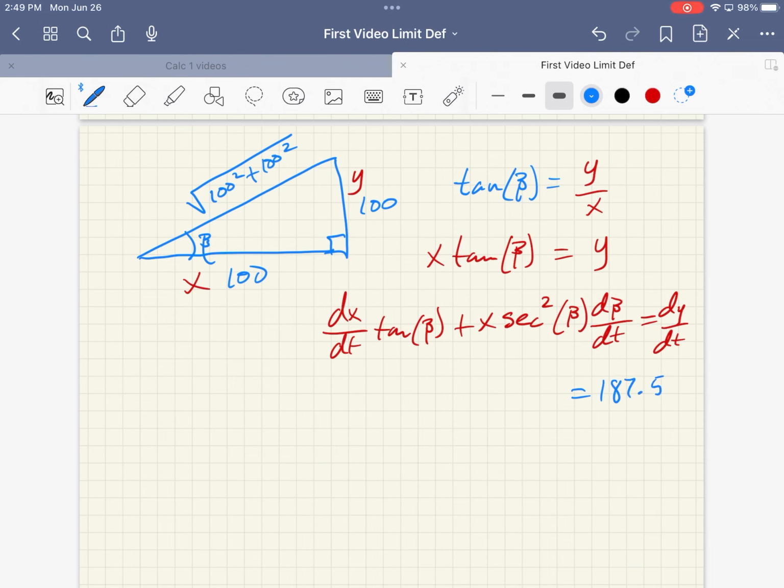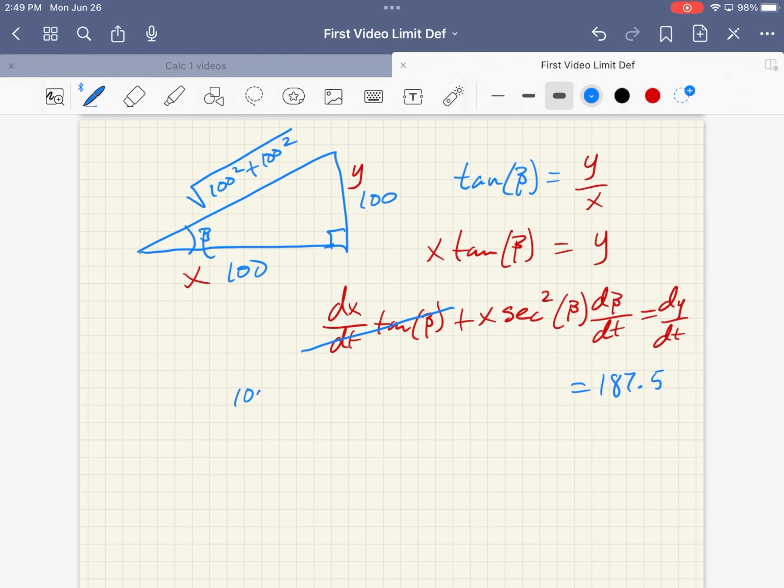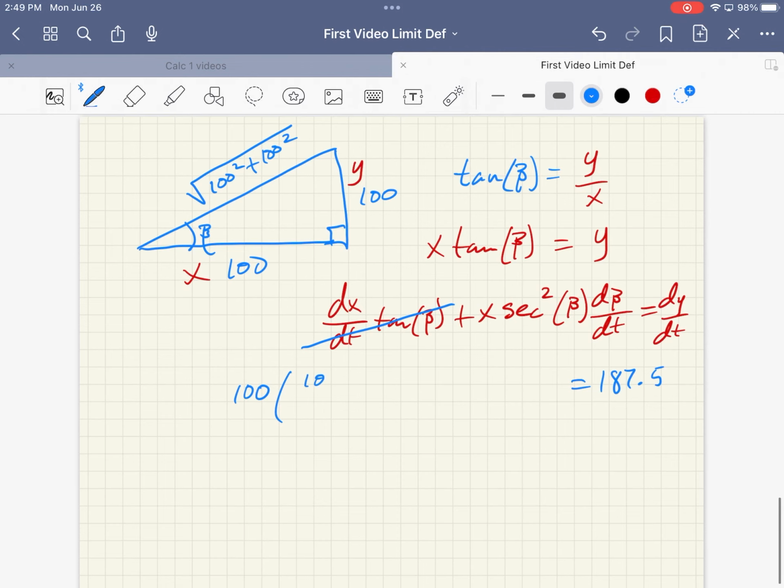Now we know from the previous problem that dy dt is equal to 187.5. We also know that dx dt will be equal to 0. So all we need is x, which is 100. And we need secant squared of beta, which is the hypotenuse over the adjacent, so that's going to be 100 squared plus 100 squared over 100 squared, times d beta dt.